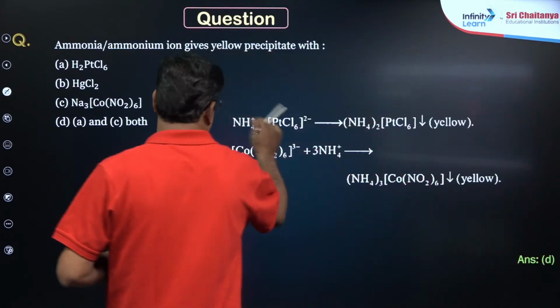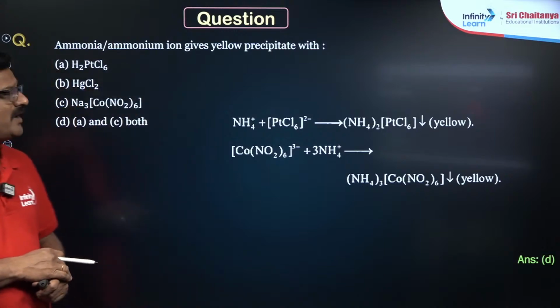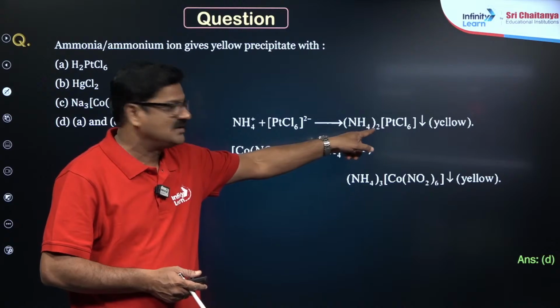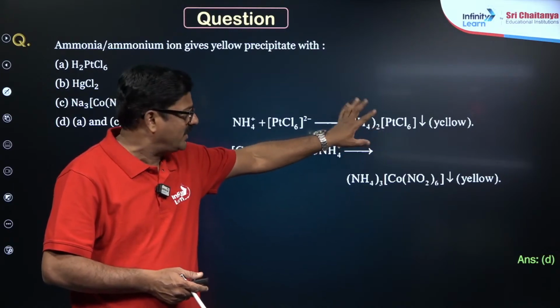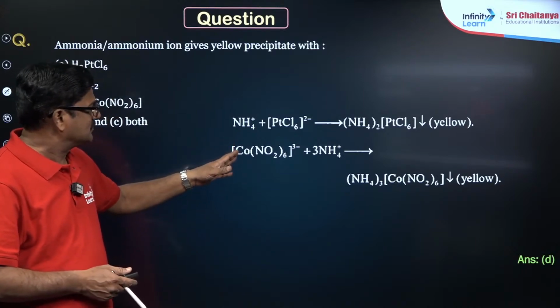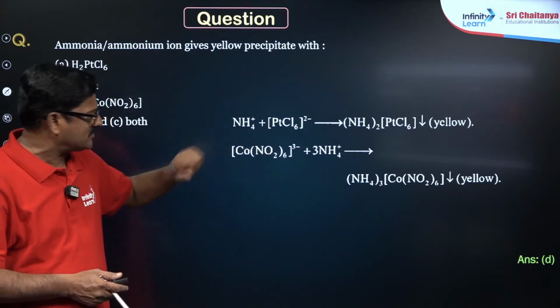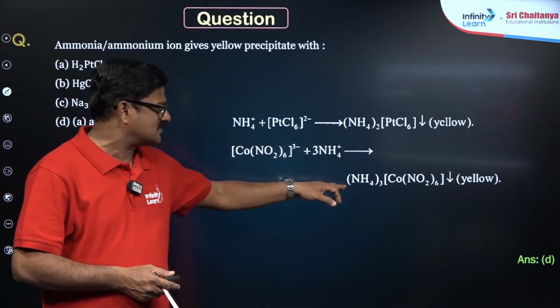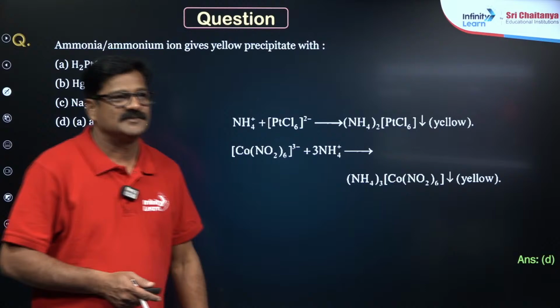How? Ammonium with PtCl6 2- gives rise to (NH4)2PtCl6, a yellow precipitate, and also [Co(NO2)6] 3-, this one reacts with ammonium and is going to give a yellow colored salt.